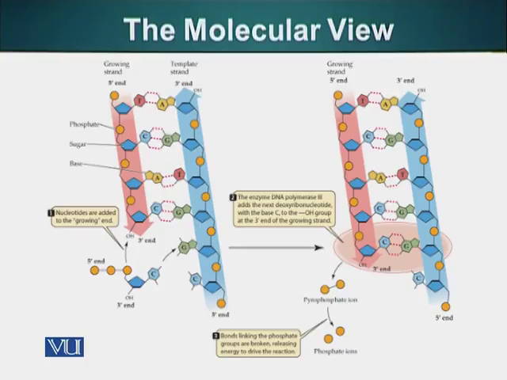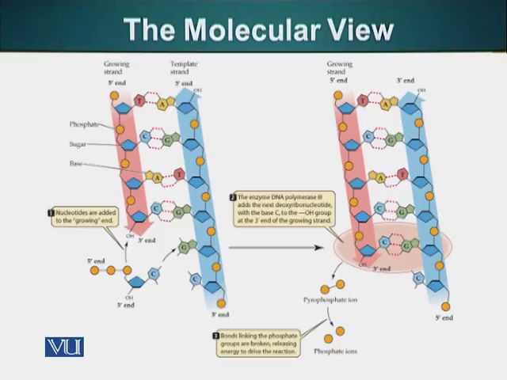This carbon hydroxyl basically attacks the phosphate group and a new bond is formed. Please notice the two phosphate groups are released. This molecule is called the pyrophosphate. Remember, the phosphate group is a negatively charged entity. So you basically have a compressed spring.